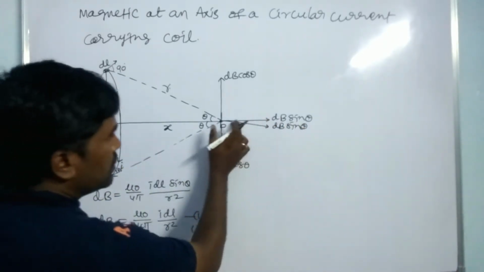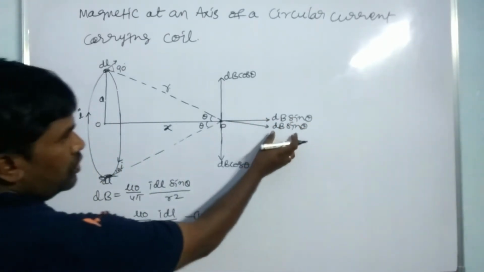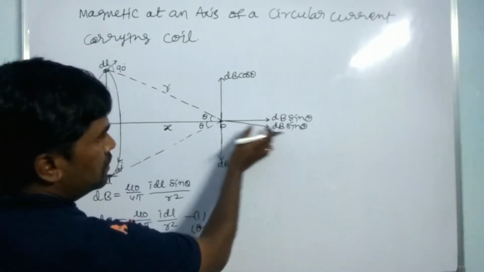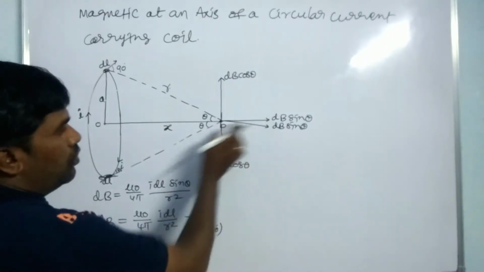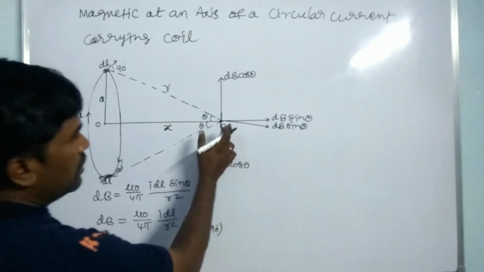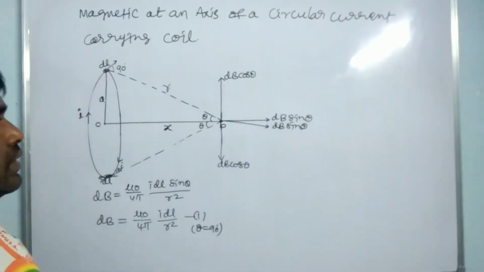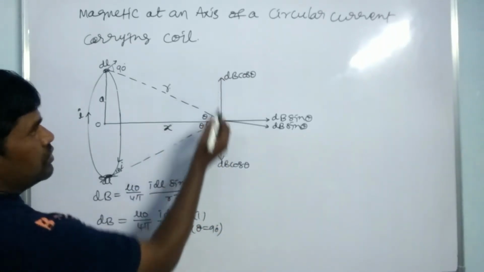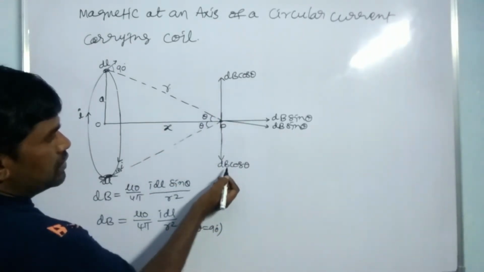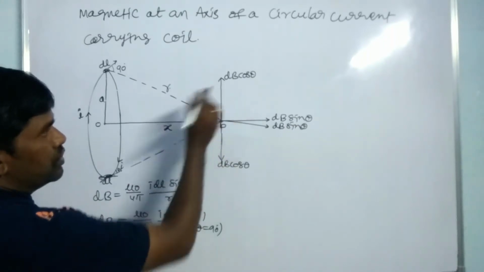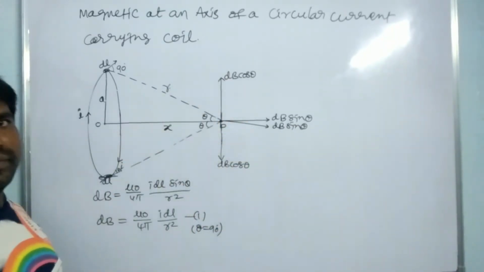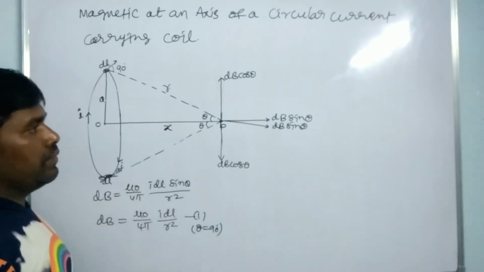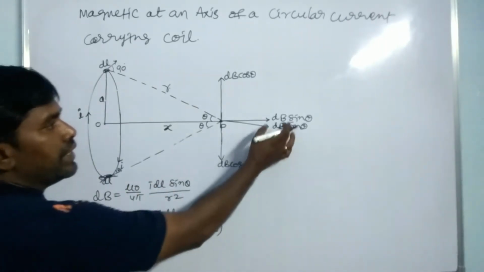These two are actually on the same line, but I want to focus, so I have taken them as a small variation. From this, the dB cos theta and dB cos theta are opposite to each other, so they cancel out. The net magnetic field is dB sin theta.